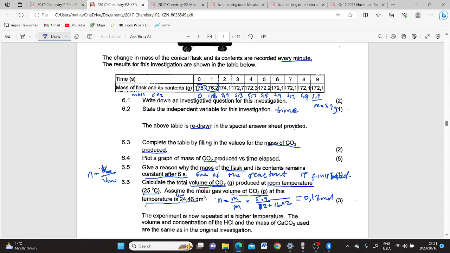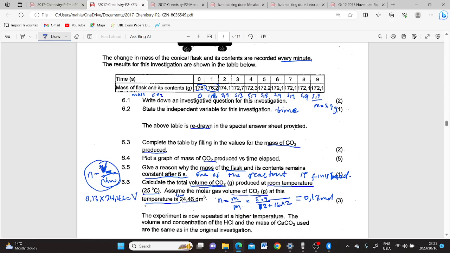So now that's where we come to this formula, because we have a molar volume and the number of moles. So we're going to substitute for the volume. It means we're going to say 0.13 multiplied by the molar volume, 24.46, equals the volume.